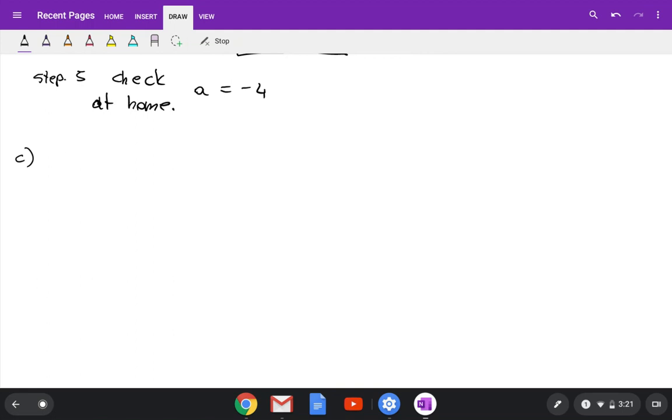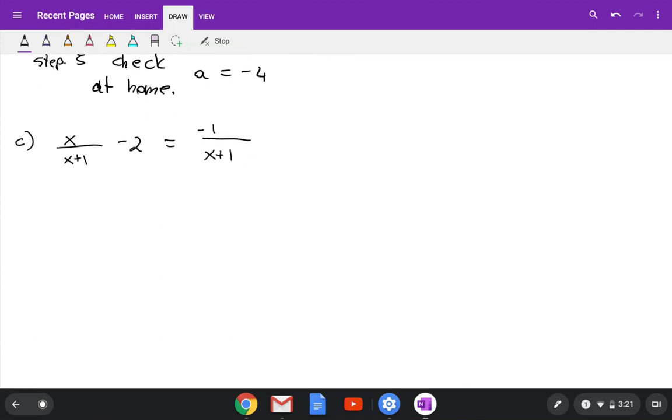We have x over (x plus 1) minus 2. It's equal to negative 1 over (x plus 1). Okay. So rational equation. So step 1, factor denominators.